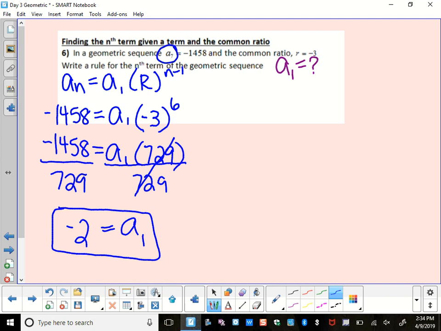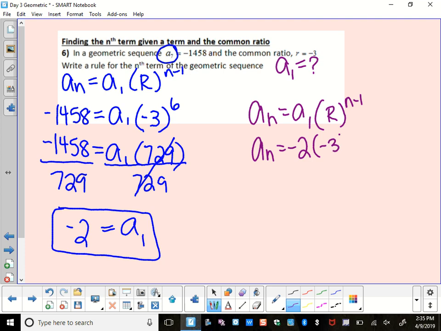Once you have your first term, now you can write your rule. My rule is my first term is negative 2, my ratio is negative 3, and n minus 1. That's your official answer.